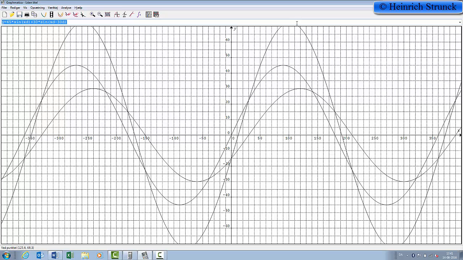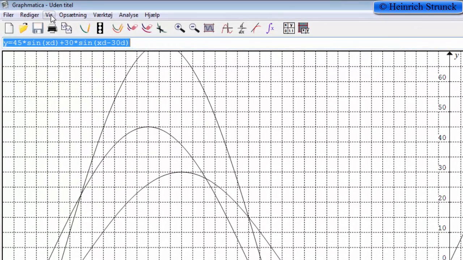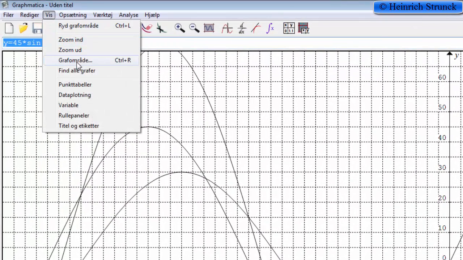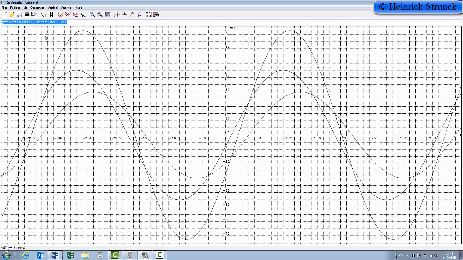We can see that it's nearly enough. Another opportunity we have is that just below graph area we can find all graph. If we press this key, it automatically zooms in and out so it fits the screen.